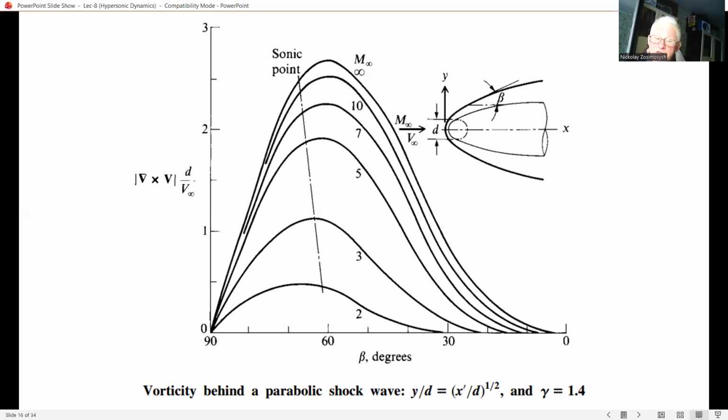It should be noted that, first of all, the vorticity peaks at a large value in the vicinity of the sonic point at the shock. And second, the magnitude of the vorticity increases with Mach number, as you may see compared in this diagram.